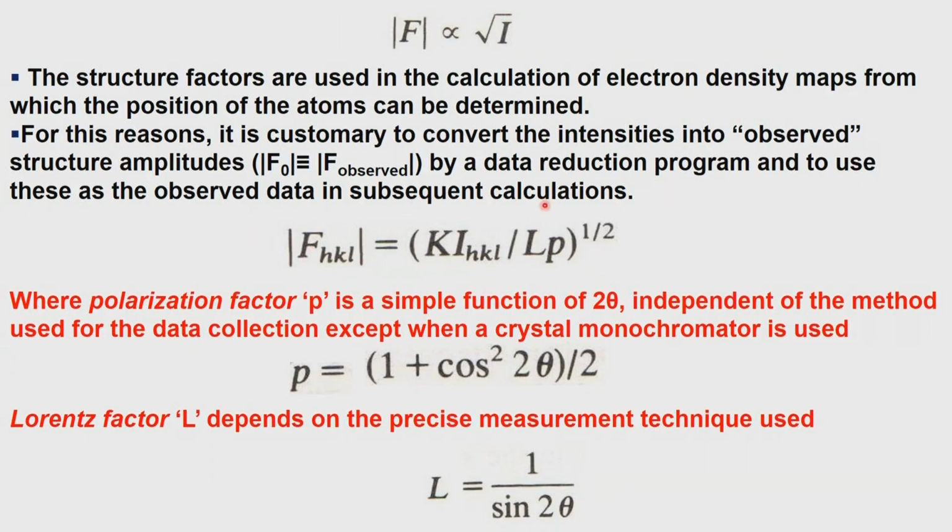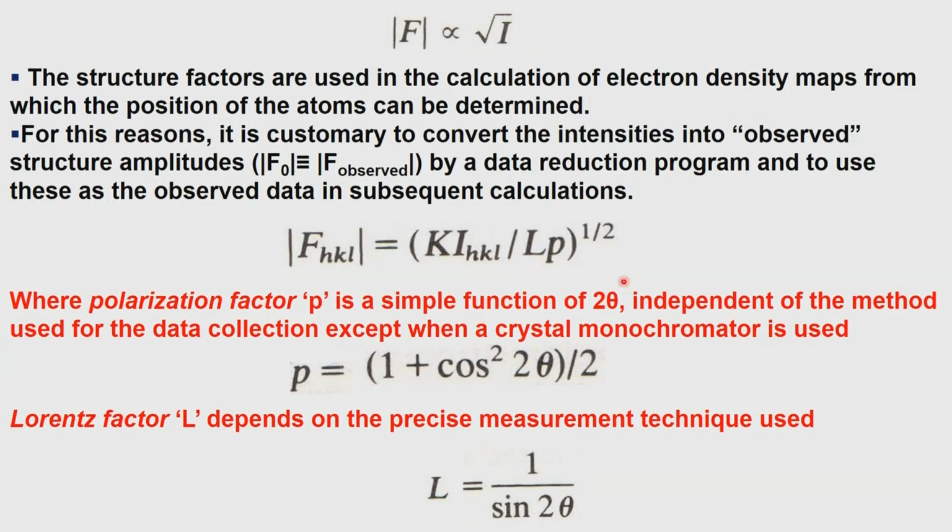The expression tells us that the modulus of F of HKL is I HKL to the power of half, as is shown here, and that proportionality constant is replaced by K by LP, capital K by capital L and small p. Now, the quantity P is called the polarization factor and the quantity L is called the Lorentz factor.